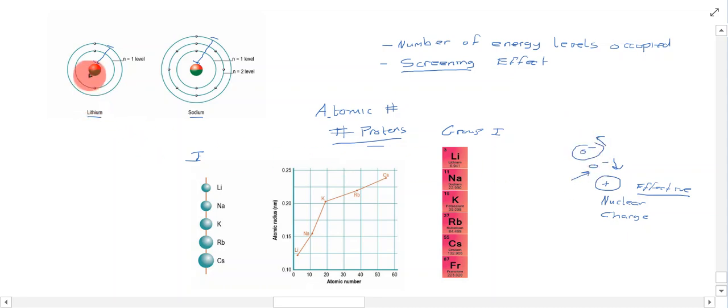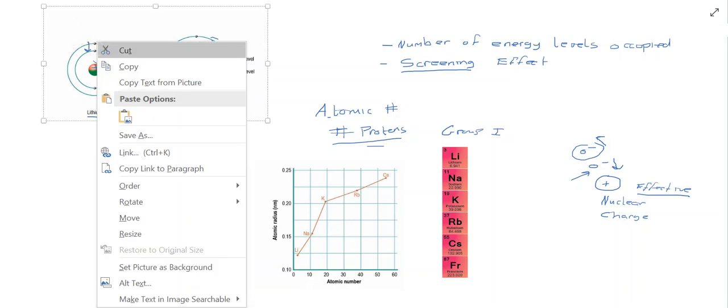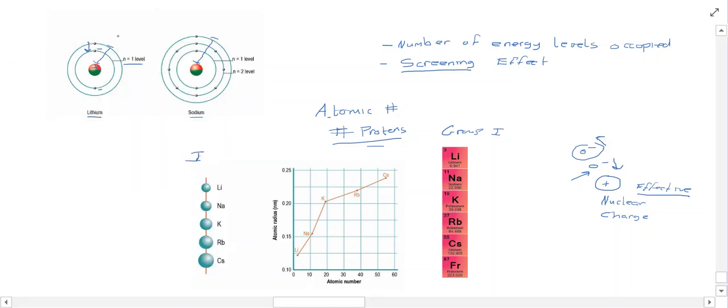Now what we can see here is, if we look back and take lithium, for example, you're going to have the effective nuclear charge coming from the protons within the nucleus, pulling on this outer electron and pulling it in this way. But these negatively charged electrons occupying the first energy level are negatively charged as well, so they're going to repel.